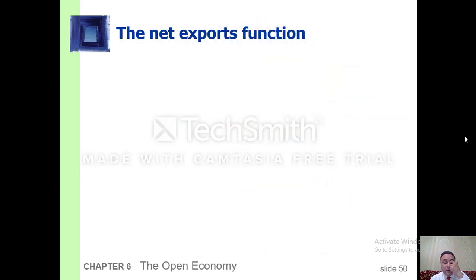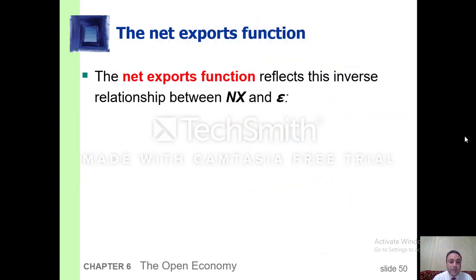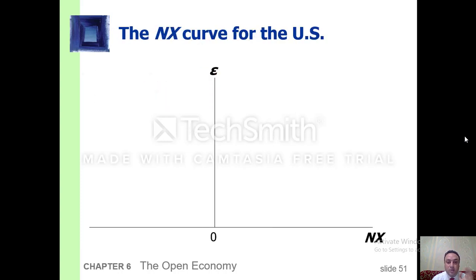So now we can get the net exports function. The net exports function reflects this inverse relationship between the net exports and the real exchange rate. So the net exports will be a function of the real exchange rate. You can see here the net exports curve for the United States.